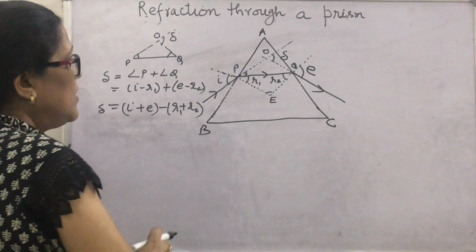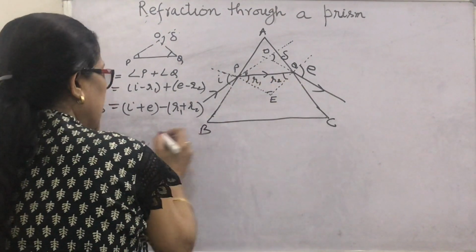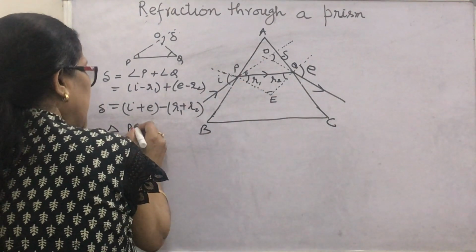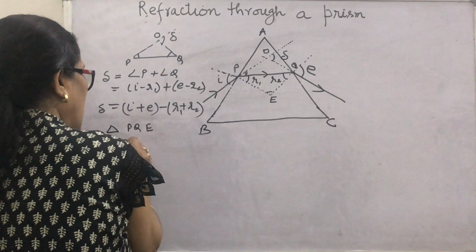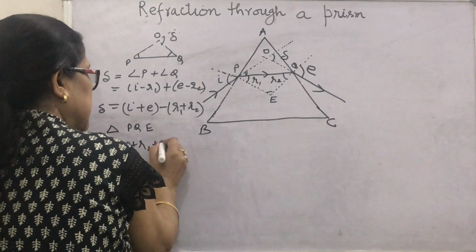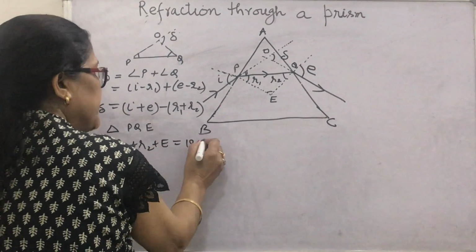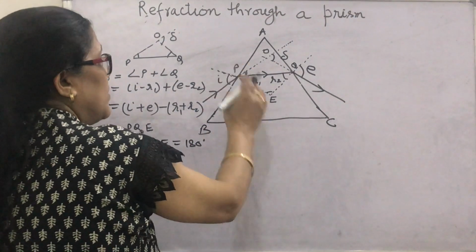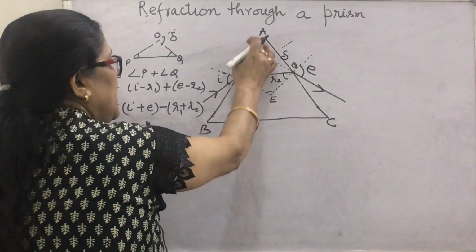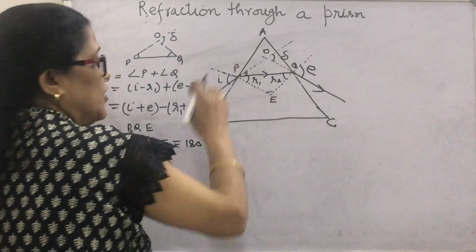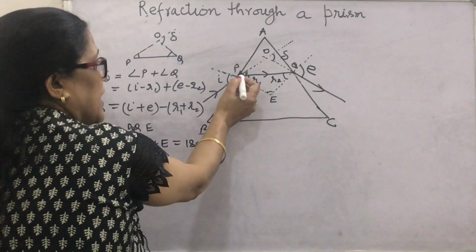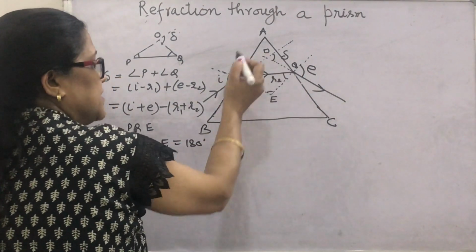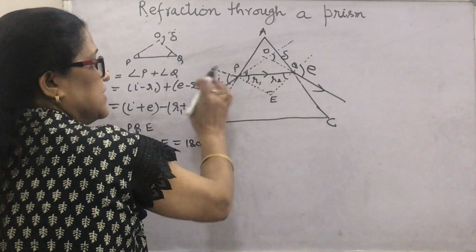Now, if you take the triangle PQE, then triangle PQE gives you R1 plus R2 plus E equal to 180 degrees. And what about the quadrilateral PAQE? The angles at P and Q, made by the normals at the refracting surfaces, are both 90 degrees each.